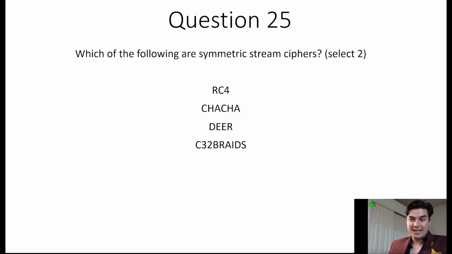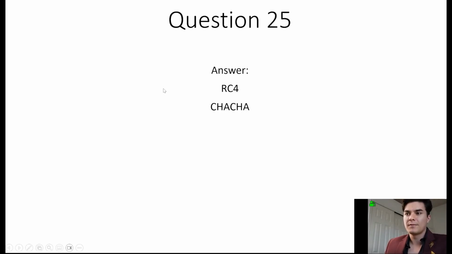A stands for AES. I stands for IDEA. D stands for DES, and then S means, hey, this is all symmetric here. So that'll help you remember the different asymmetric and then the symmetric algorithms. So again, the answer is RC4 and ChaCha.